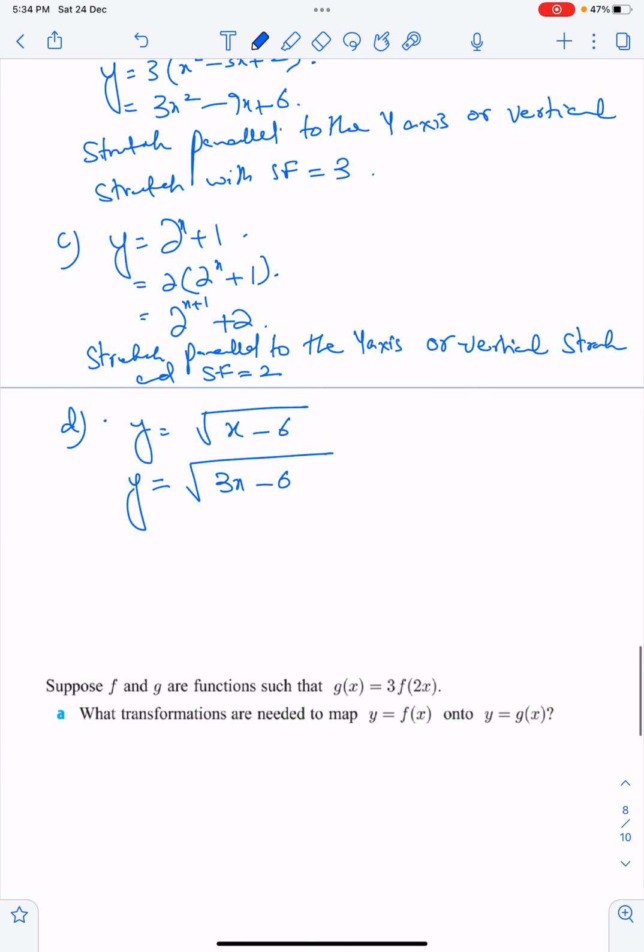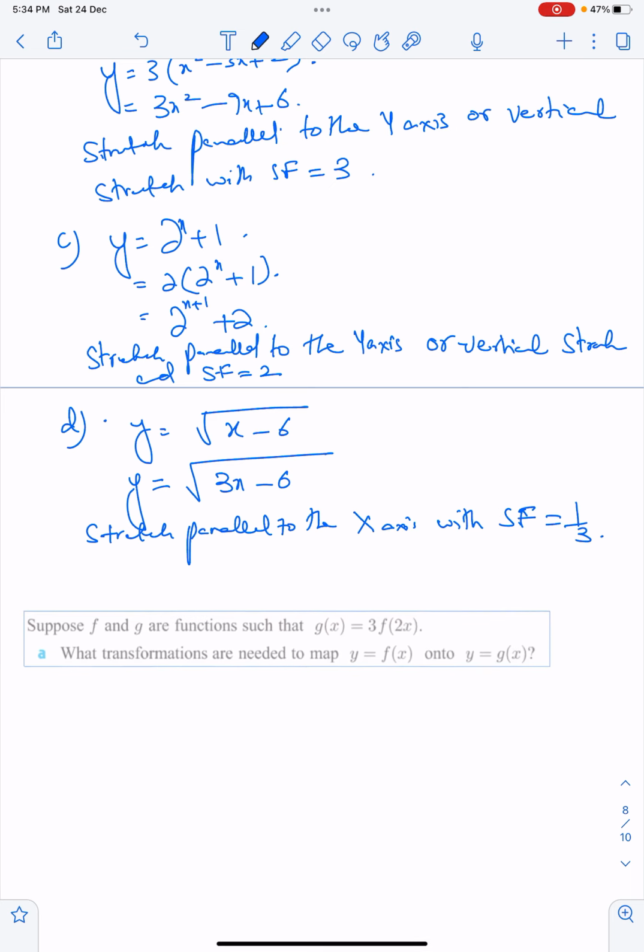So that means it's a stretch parallel to the x-axis with stretch factor 1 upon 3.